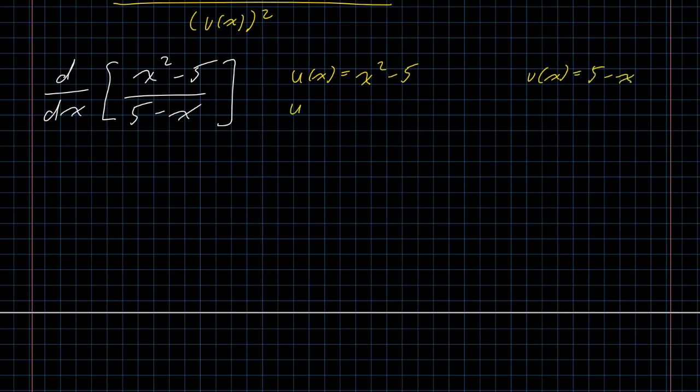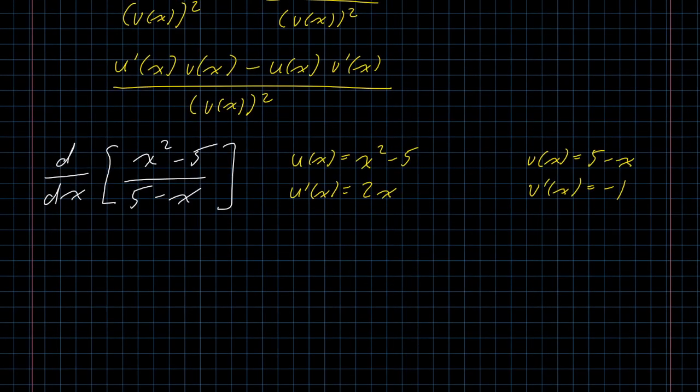We will differentiate. u prime of x is going to be 2x. We'll differentiate over here. v prime of x is going to be -1. And then from there, it's just a matter of following the formula. I can even scroll up a little bit so the formula is still on the screen.